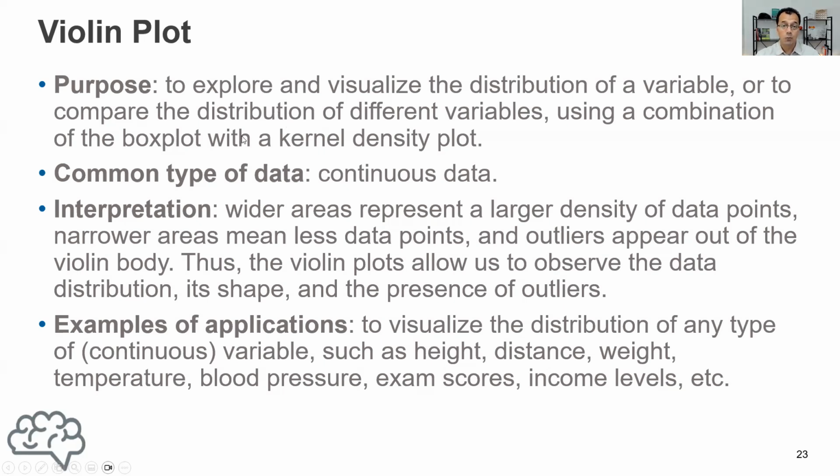Which is something that we don't see in the box plot, because when we plot the box plot, we basically see the median, the max, the box, and the outliers, but we don't have any information about where we have a higher concentration of objects. So the violin plot also works with continuous data. And as I mentioned, wider areas are going to represent regions with a larger density of data points.